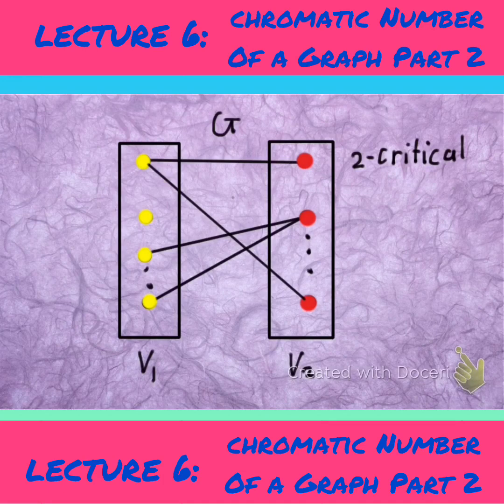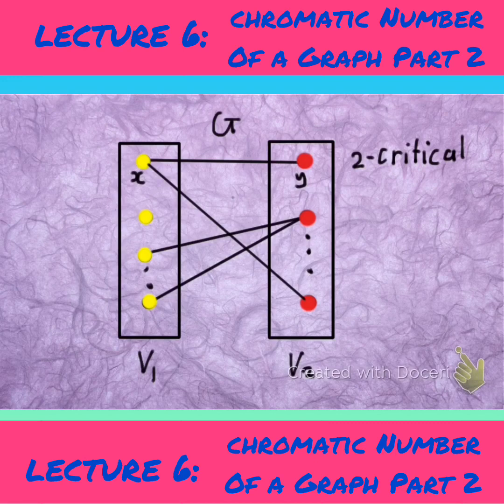Let's call this edge XY. Because this graph is 2-critical, it means that I can remove any number of edges and vertices, and the resulting graph will have a smaller chromatic number.